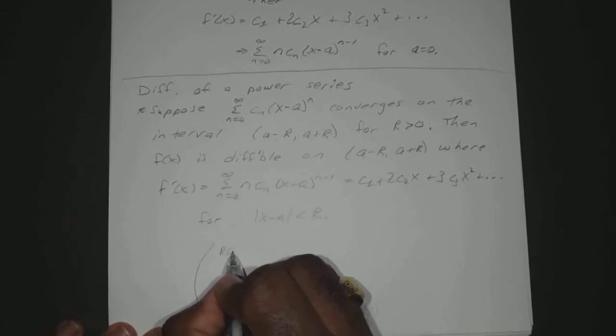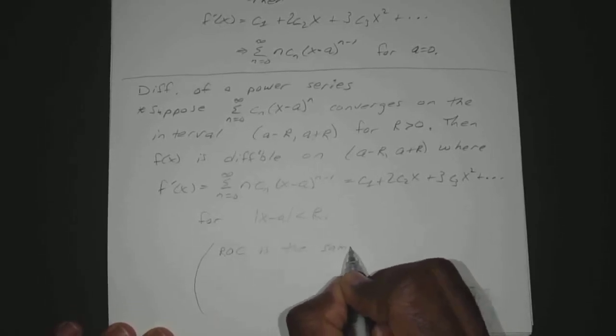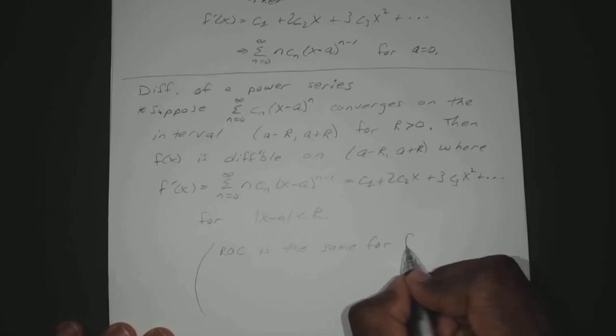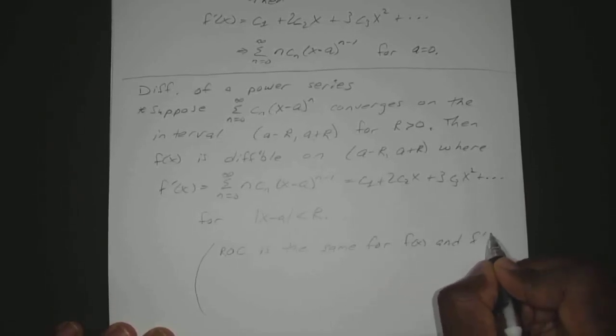Okay, so the radius of convergence is the same for f of x and f prime of x.